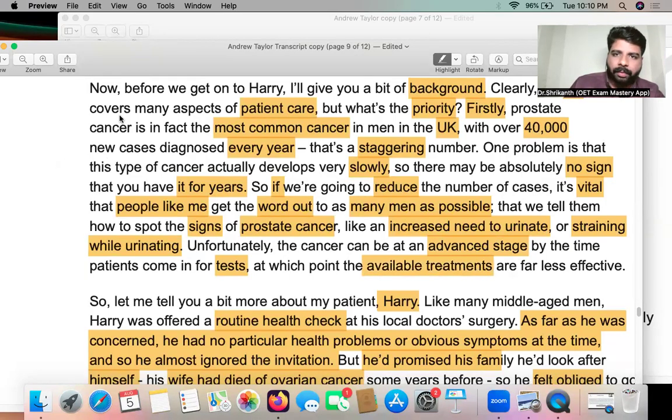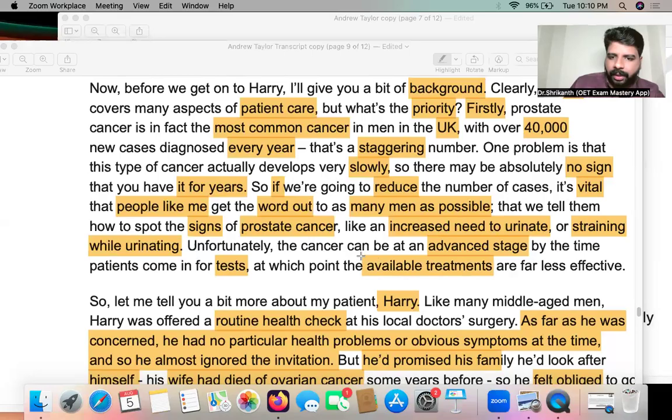This is the main keyword over here. In which answer option did we read about available treatments? Now your eyesight should go to answer option B. Here they're telling the message that when cancer patients come to the clinic, it is already at a very, very advanced stage, at which the available treatments are far less effective.